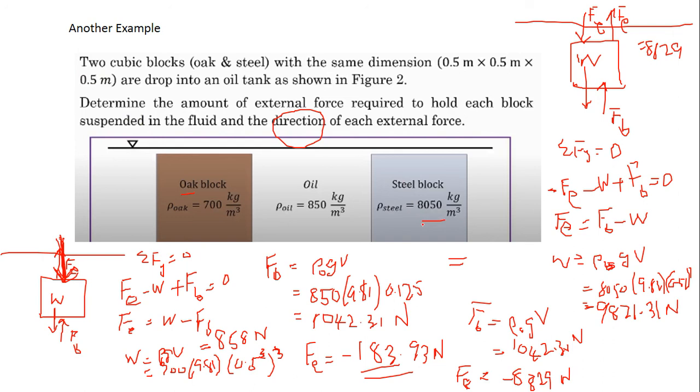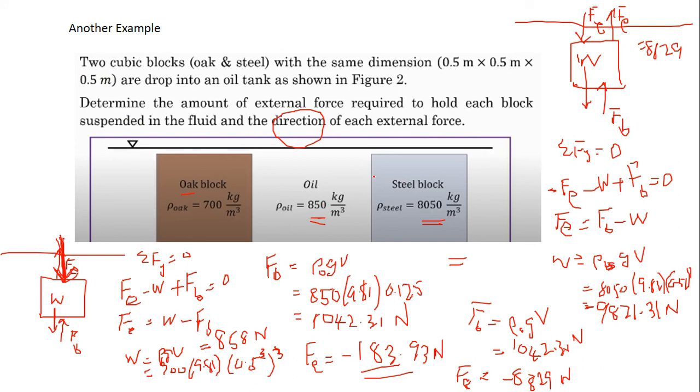The bigger the value, the higher the possibility to sink. Right. Because of the steel, the rho of the steel is 8,000 and the rho of the oil is only 800.